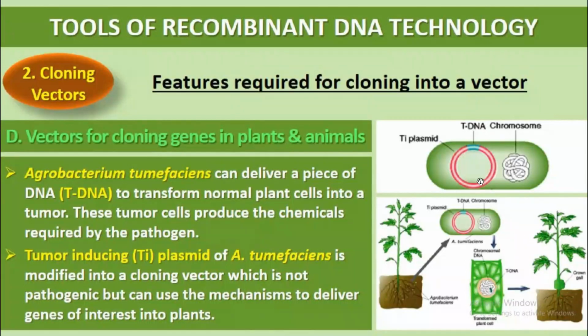They are known as the Ti plasmid of Agrobacterium tumefaciens. Why? They are tumor inducing, so they are known as Ti, capital T, small i. The Ti plasmid is modified into a cloning vector which is not pathogenic but can use the mechanism to deliver genes of interest into plants.